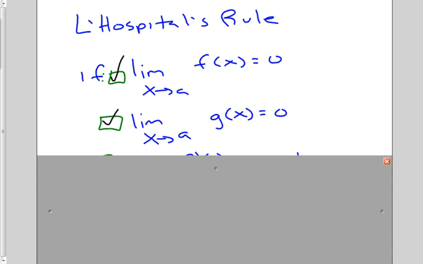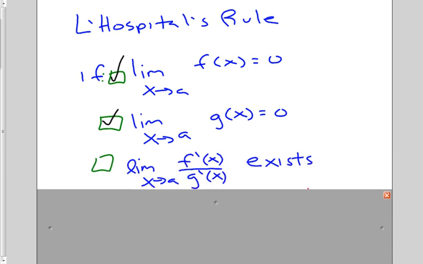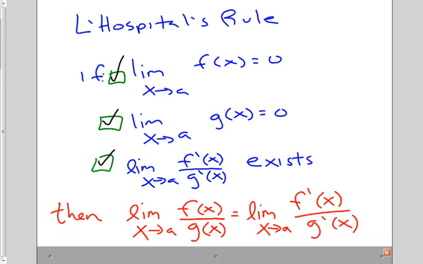And third: the limit as x approaches a of the derivatives, f prime of x over g prime of x, exists. So if these three conditions are met, then the limit as x approaches a of f of x over g of x is the same thing as the limit as x approaches a of f prime of x over g prime of x.